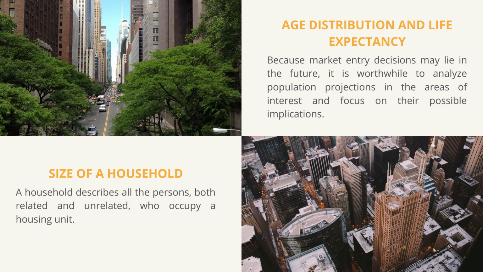An important variable for the international marketer is the size of a household. A household describes all the persons, both related and unrelated, who occupy a housing unit. To have an example of how important this is, we have Mexico. An average household in Mexico varies from 3 until 5 or 6 people within a house.